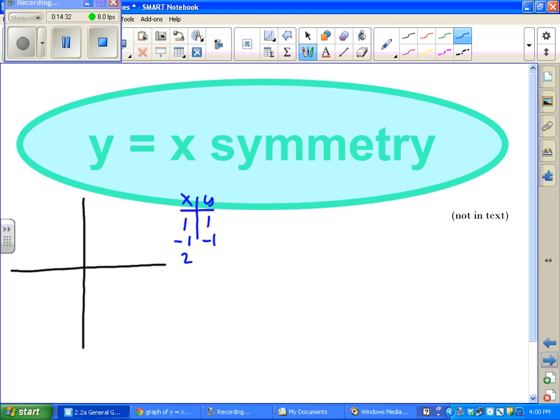If x equals 2, y equals 2. Negative 2, negative 2. Okay, so it's going to be this line through the origin, positive slope, or if you think of it that way, y equals 1x plus 0. That's in slope intercept. y equals mx plus b, that's your slope intercept form. So the line y equals x is this blue line here.